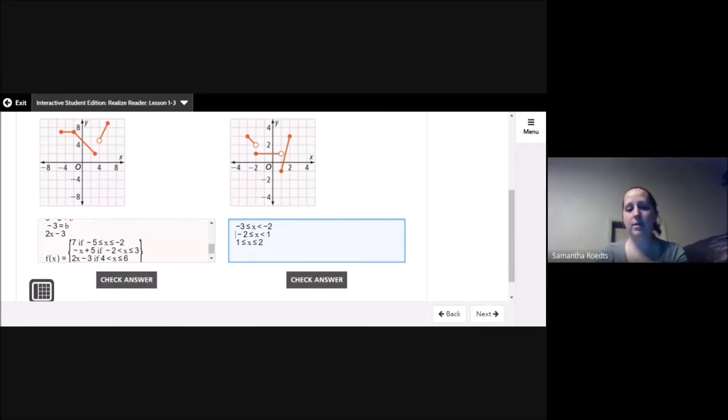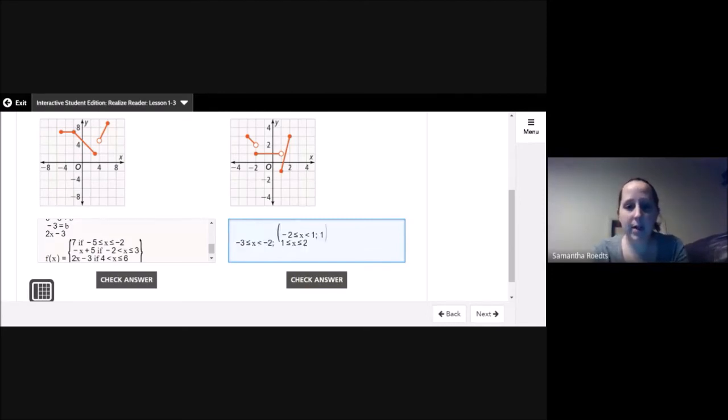So those are my 3 domains. Looking at this one, it's easy because it's a straight line, so it just crosses at 1. So this is 4. Okay.